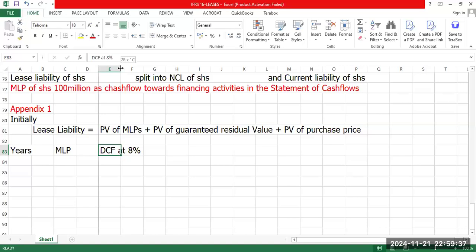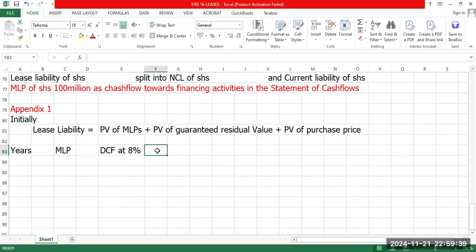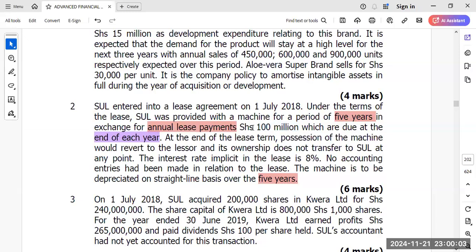Then I need the present value. Since we don't have different amounts in the question, since this lessee is paying the same amount every year, at the end of every year, this amount is not changing, then we can use the annuity factor.